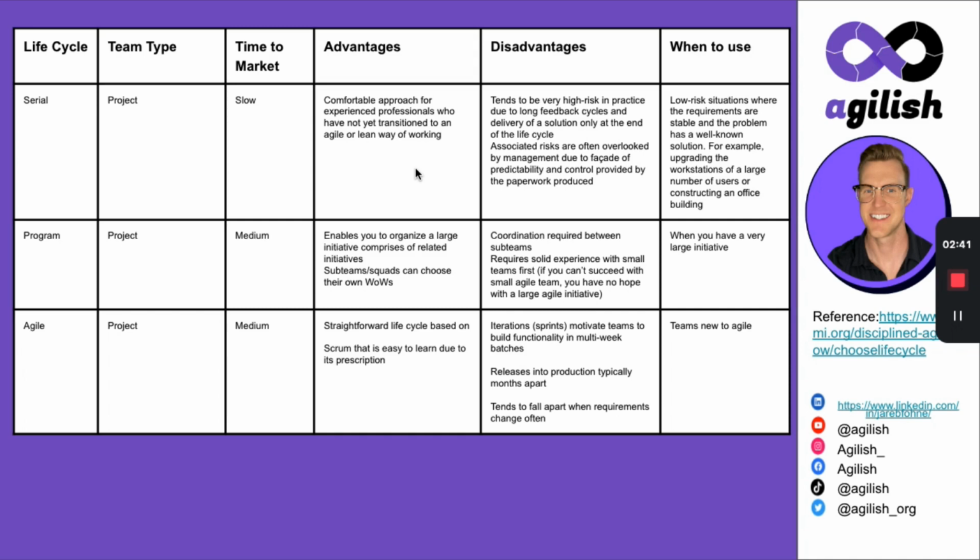It becomes a challenge to coordinate these teams, and I have a link in the reference column here on the right-hand side to understand a little bit more. I'm going to go into details to see the differences, because this one is a viable option as well. You can see this is good when you have a very large initiative and people want to use their own way of working.